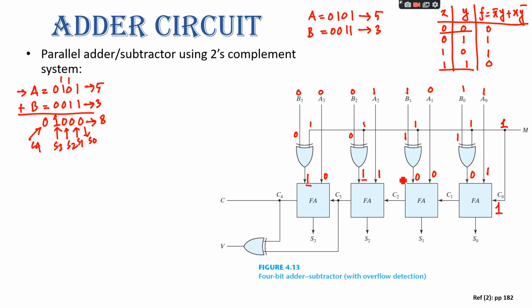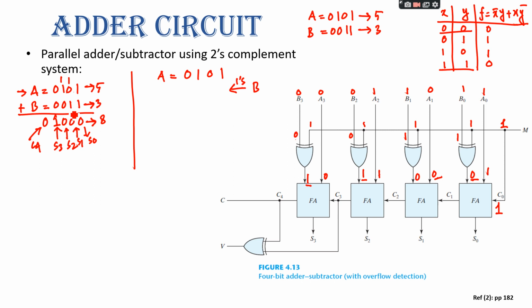So 1 1 0 0. If your B is 0 0 1 1, and I need to subtract, what do I have to do? A should be as it is, 0 1 0 1. Then I have to take the 1's complement of B, right?